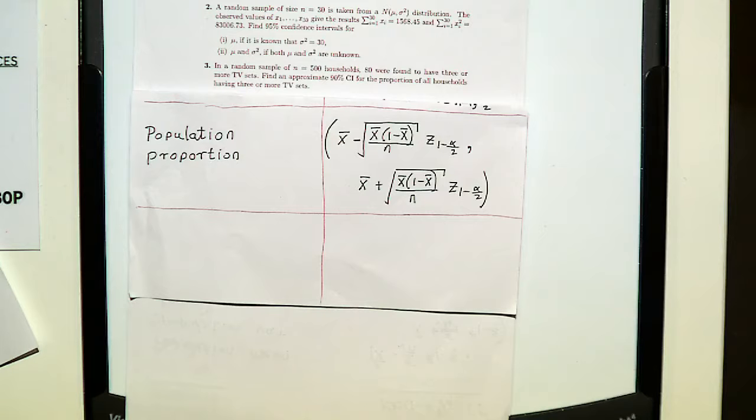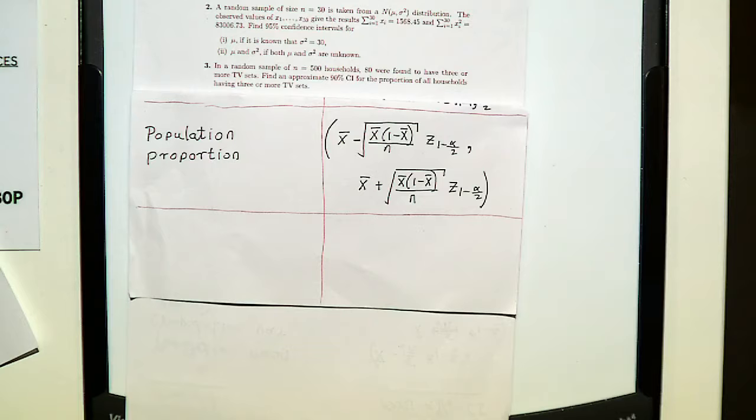Explain what X bar actually means: the sample proportion. We're assuming that the population proportion is approximately equal to the sample proportion, using the strong law of large numbers. We don't know the population proportion, that's why we have to use this.